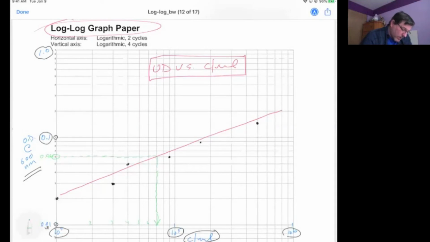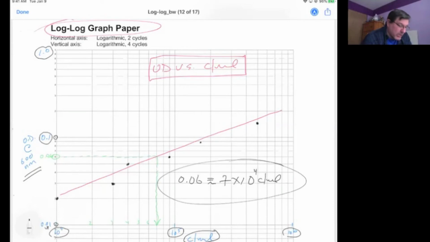So 0.06 is the equivalent of approximately 7 times 10 to the 4th cells per mil. So that's the utility of this kind of graph, and that's why you're going to try to graph this.